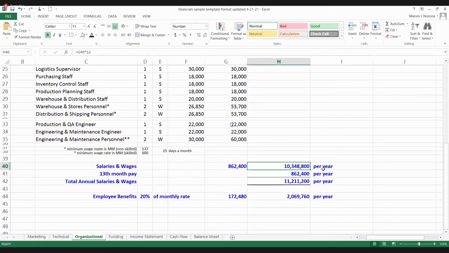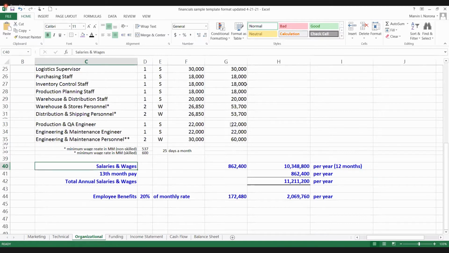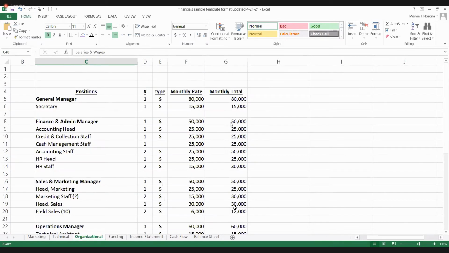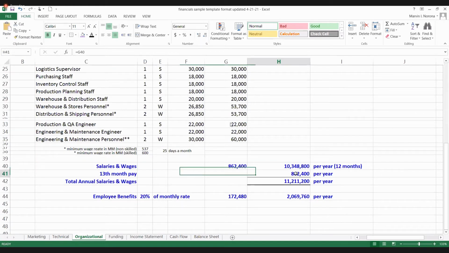Okay. Ito yan. So lagay natin per year, 12 months. So pwede natin gawing ito. So, nakalagay naman monthly total times 12. Tapos meron kang 13th month pay. So ganun din yun, 862.